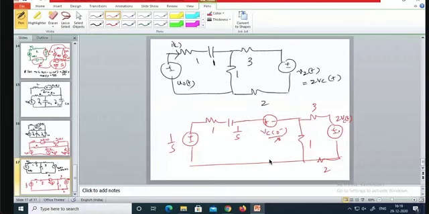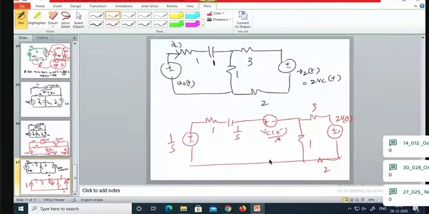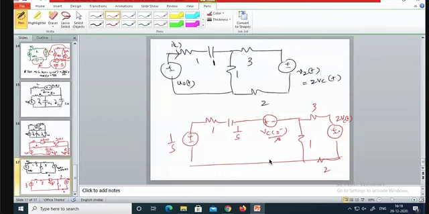Okay, so if you have understood this problem, please type 0 in the chat box. Yes. So I'm not going on to the next step. I'm just writing the transform network for a given time domain network.